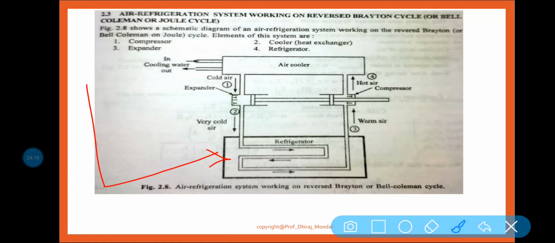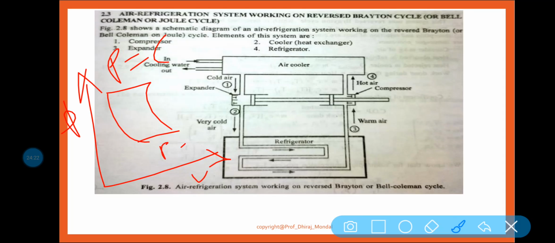You know what is Brayton cycle? Brayton cycle basically is a thermodynamic cycle where two isobaric processes and two isentropic processes are there. Okay, so in case of Brayton cycle, this is the TS diagram.